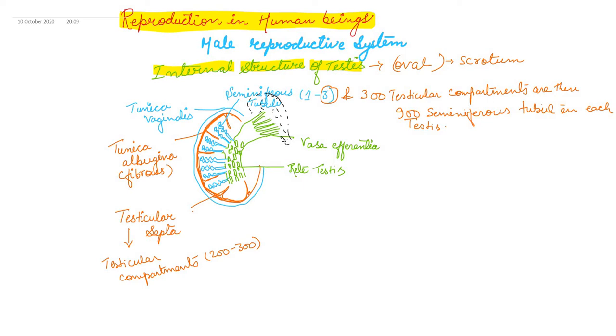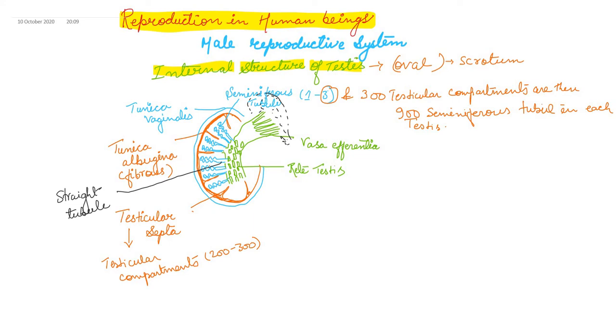Sperm formation takes place in this seminiferous tubule. From here, it is transferred to the straight tubule. As you are able to see here, I am indicating the straight tubule. In seminiferous tubule, sperm is produced, and then the sperm is transferred to the straight tubule.